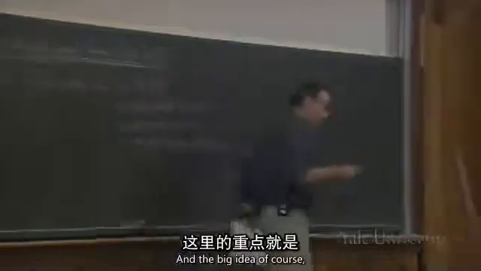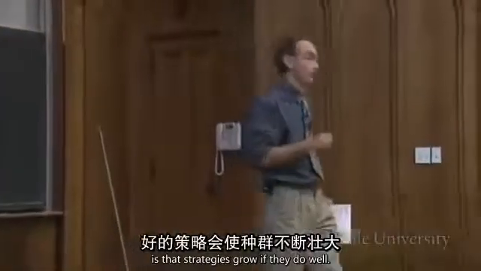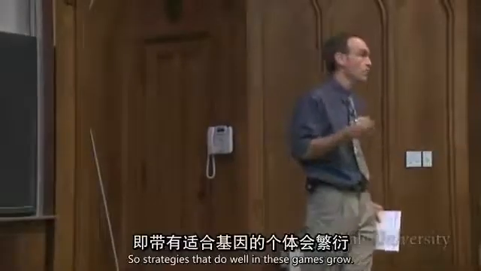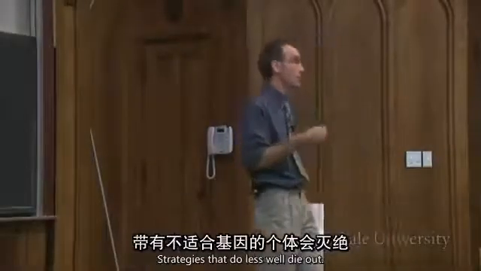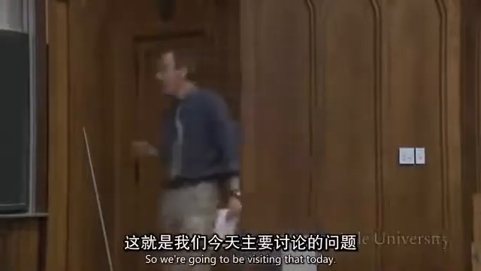And the big idea, of course, is that strategies grow if they do well. So strategies that do well in these games grow, strategies that do less well die out. All right, so we're going to be visiting that today.